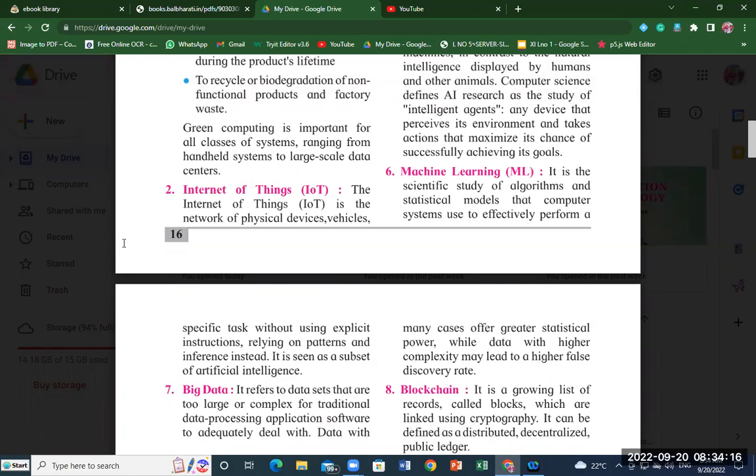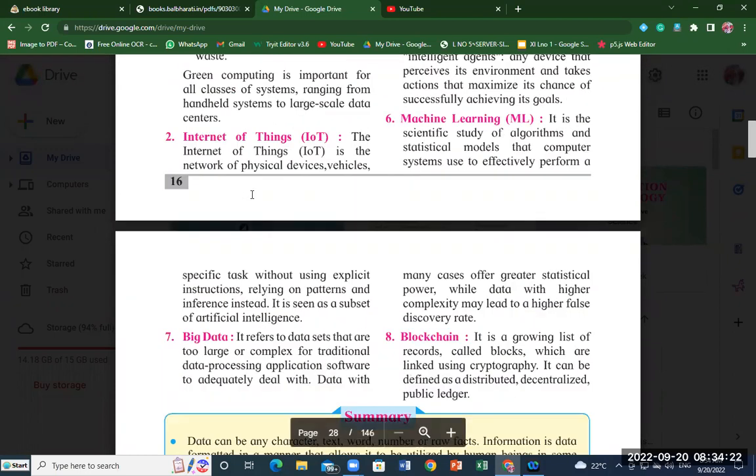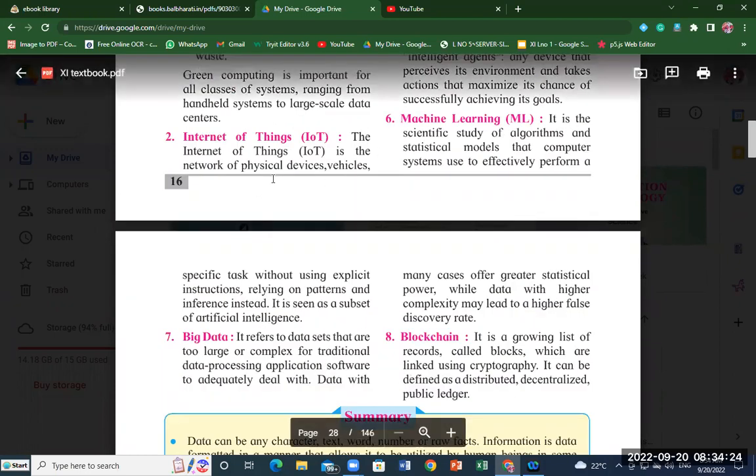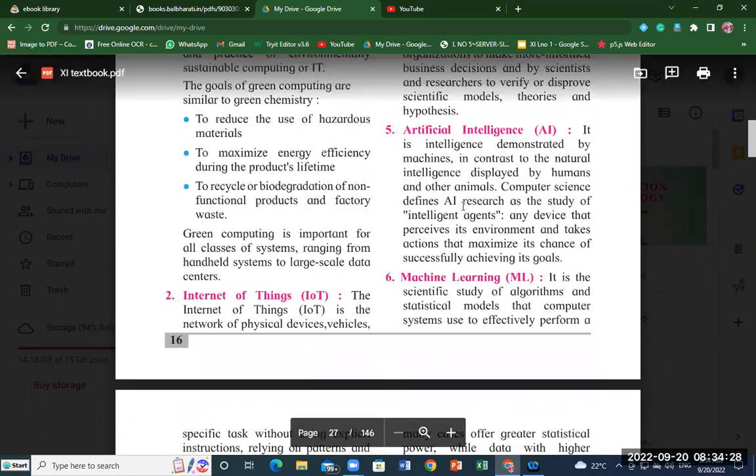Okay, then Internet of Things. The first recent trend was green computing, then Internet of Things. The IoT is the network of physical devices, vehicles.